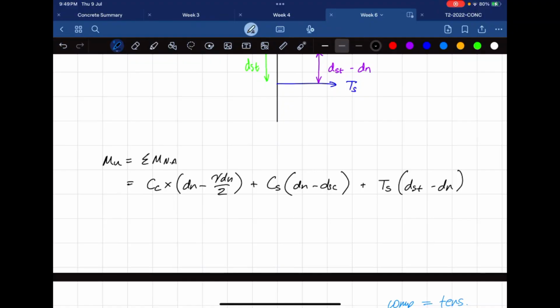Okay, and that's how you figure out your value for MU. You can probably use this as a general equation. Obviously if you don't have compressive steel, then you just let this be 0.